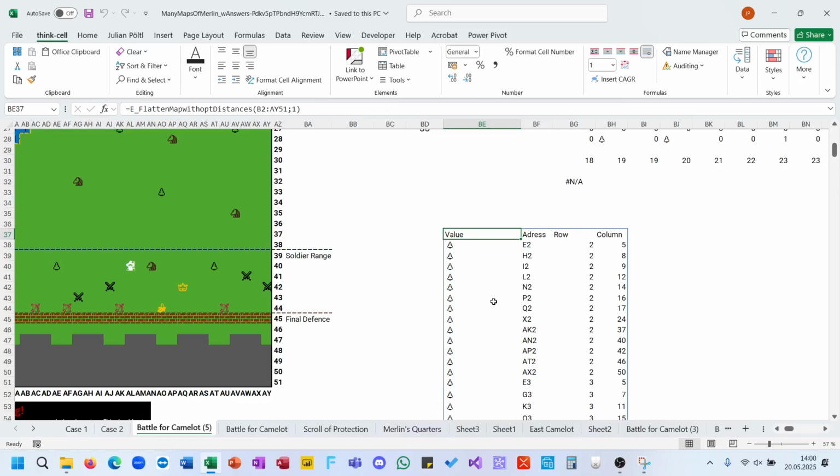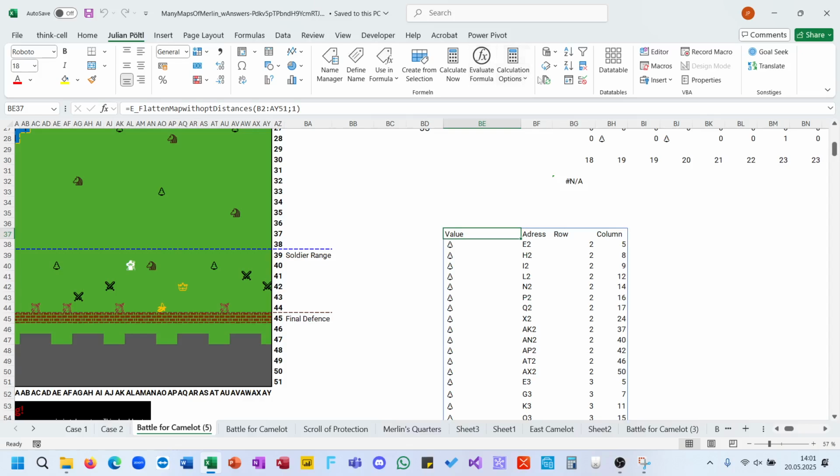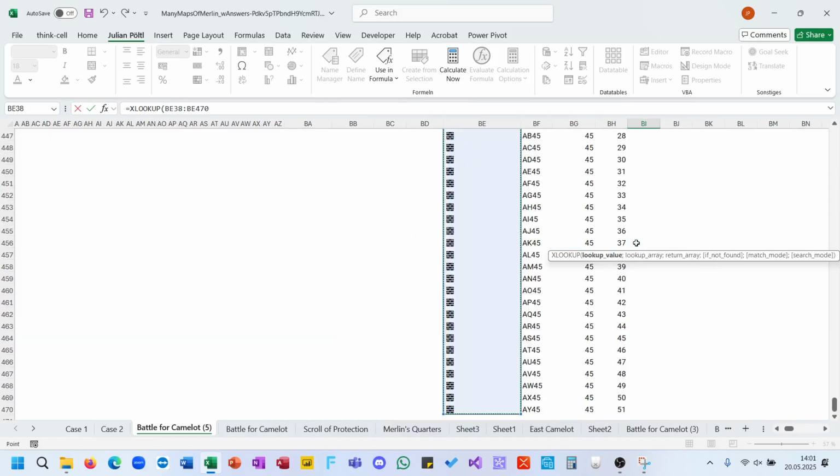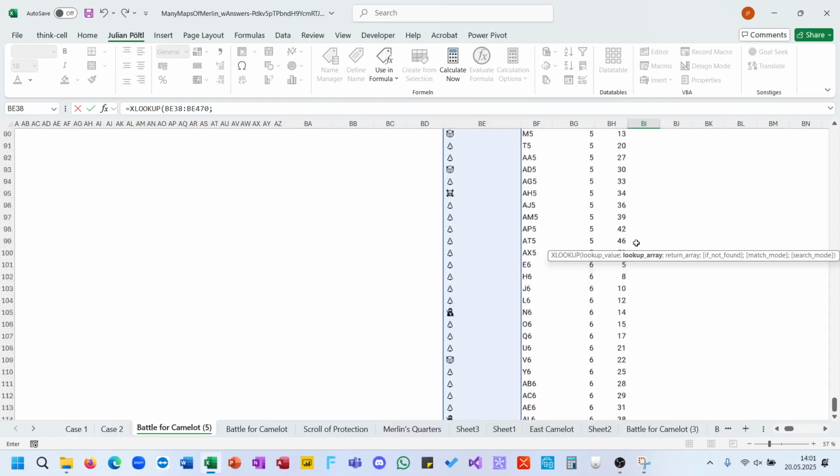Okay, now I need to search if they are an enemy.